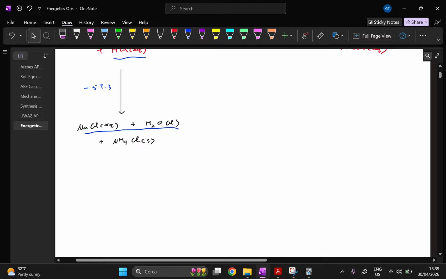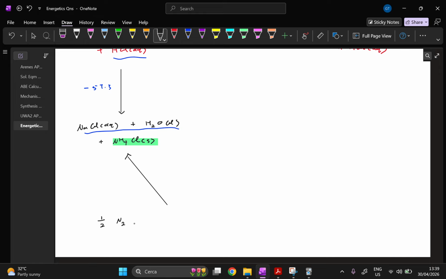So what if I want to form NH4Cl? So I have half N2. Remember your state symbols. I copy over all my elements in their standard states. Perfect. And then what do I have?